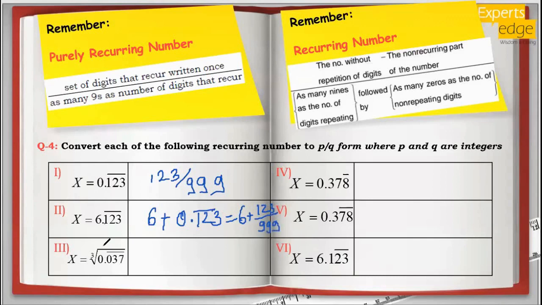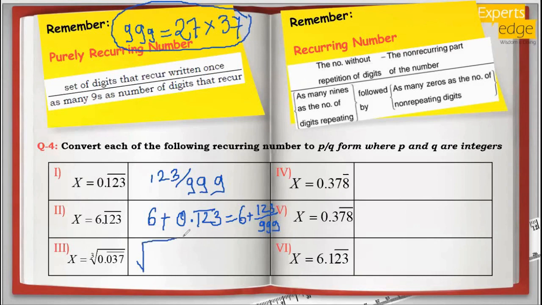Now this is a good question. Cube root of 0.037 bar. You must remember one good number, that is 999. 999 is the multiplication of 27 into 37. If you know this, life will become easier. So I can write this expression as cube root of, converting this to p by q form, 037 are repeating, so it is basically 037 upon 999.